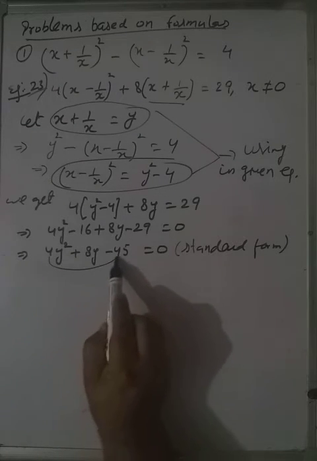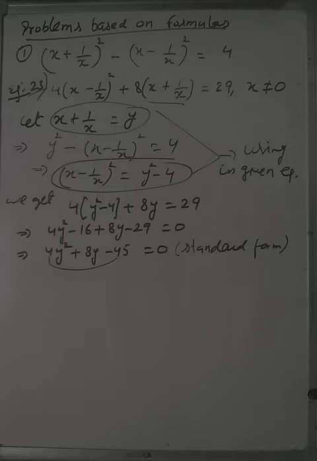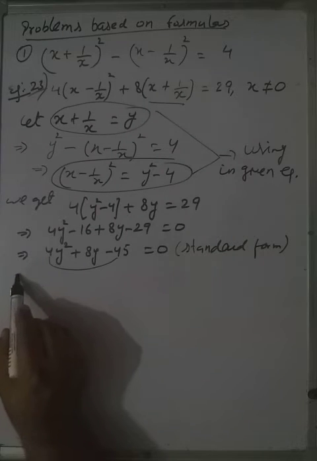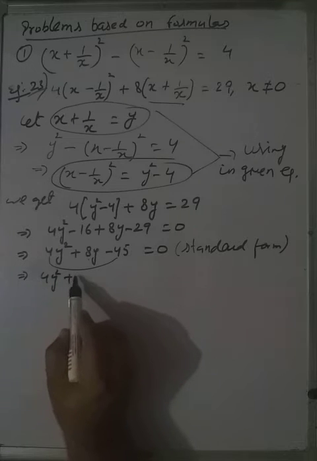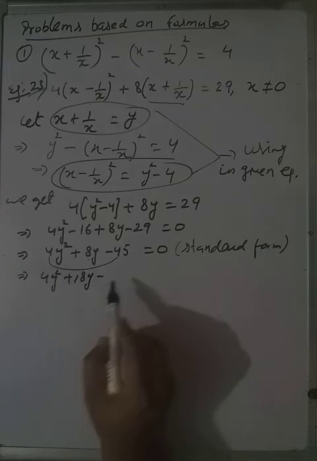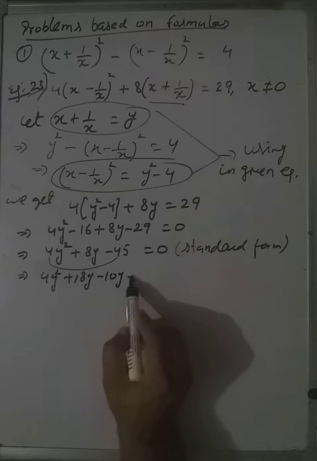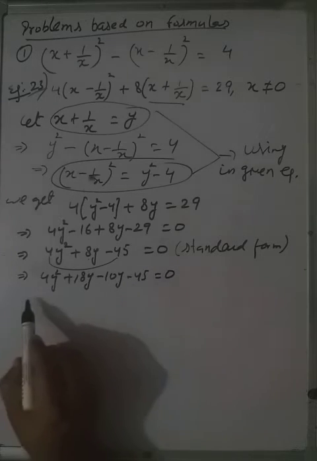On multiplying 45 multiply 4, we get 180. So we need to find two terms, adding or subtracting gives us 8. So 18 multiply 10 is 180. So I am writing this middle term as 4y square plus 18y minus 10y minus 45 is equal to 0.